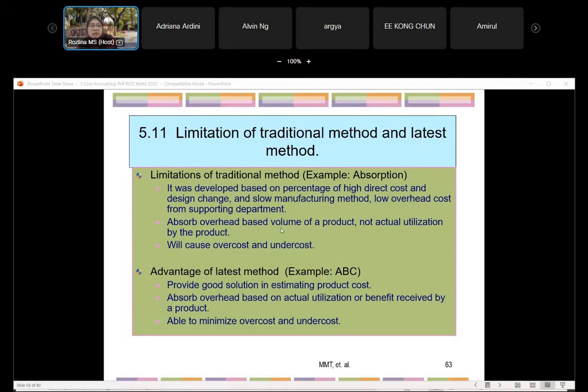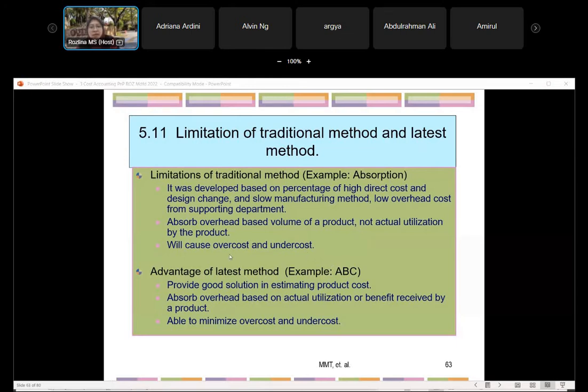This is the weakness of the traditional method because they don't distribute the overhead cost based on the utilization. It is only the lump sum method to calculate the overhead. And this will cause overcost and undercost.